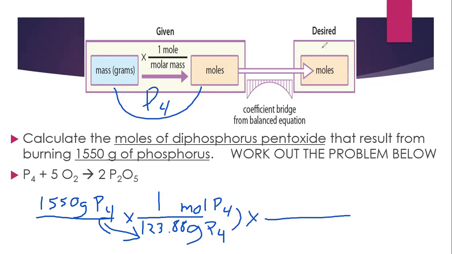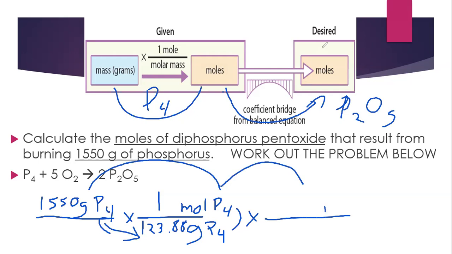Once we've got the moles of P4, now we're crossing over to the moles of P2O5. Everything is on top. Notice we have the mass given. We go from mass of P4 to moles of P4, and then we go to moles of P2O5.